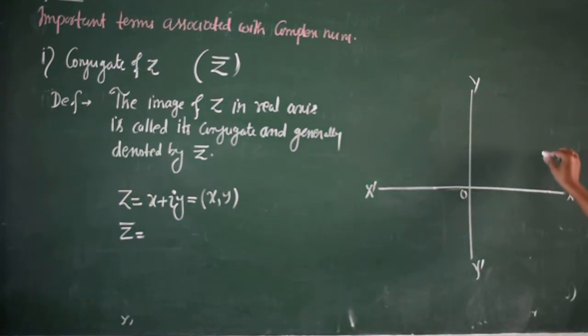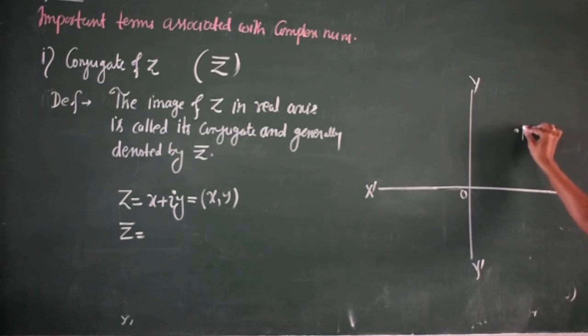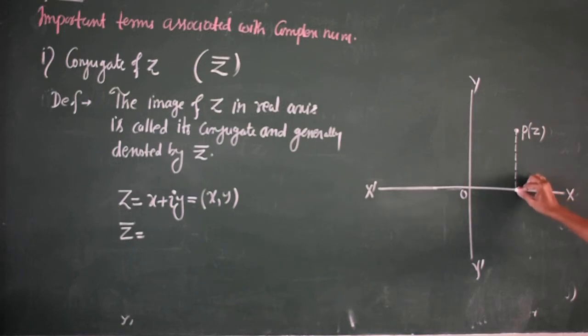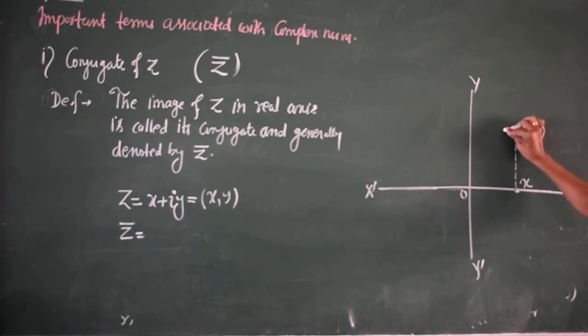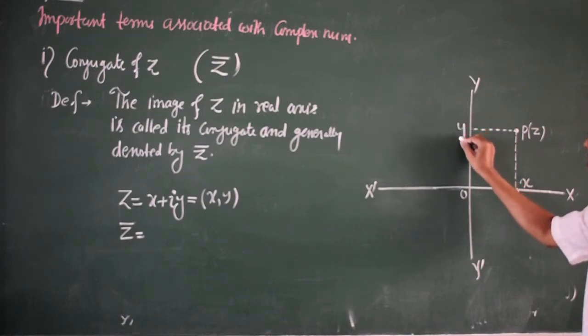Suppose this point P represents complex number z. From point P draw a perpendicular on the x-axis, this point represents the real part of z, and from point P draw a perpendicular on the y-axis, this point represents the imaginary part of z.